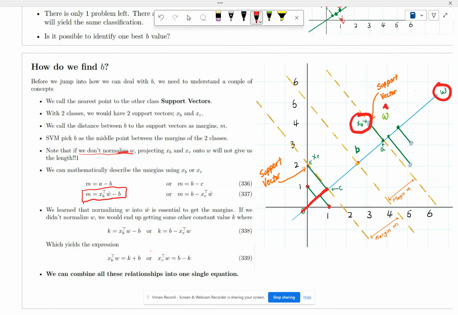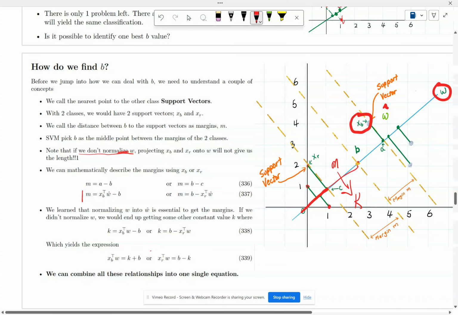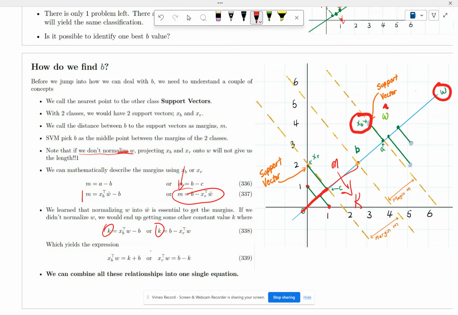Previously, this is the equation. So now, instead of M, we're going to get some other value K. Over here, equivalently, instead of M, we're also going to get some other value K. But the two Ks will be the same, right? Because it's equally different on both sides.